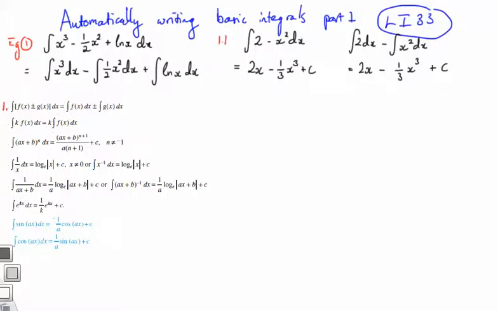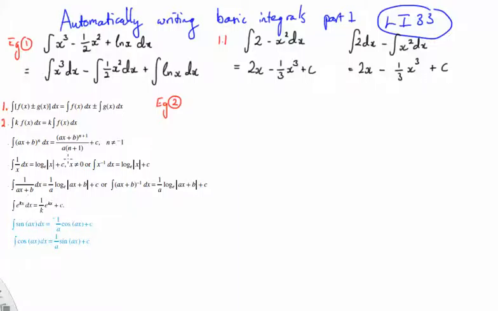This next statement here with the k is saying that you can take a constant out of an integral. So it's saying you can take a number out. You can't take a variable, you can take a number. So let's have a look at that. Let's call that example 2.